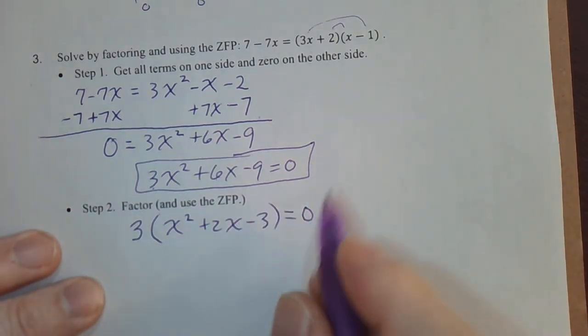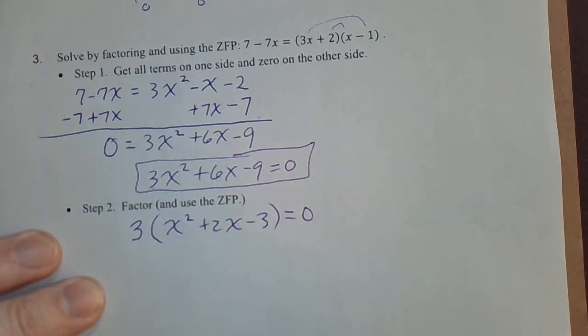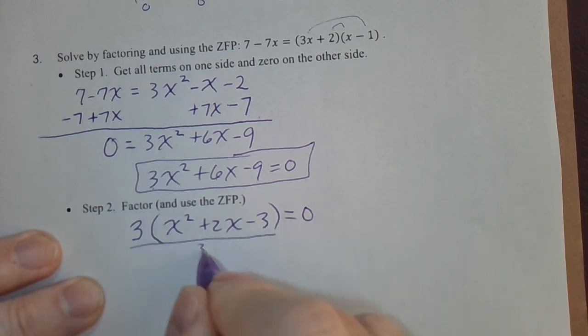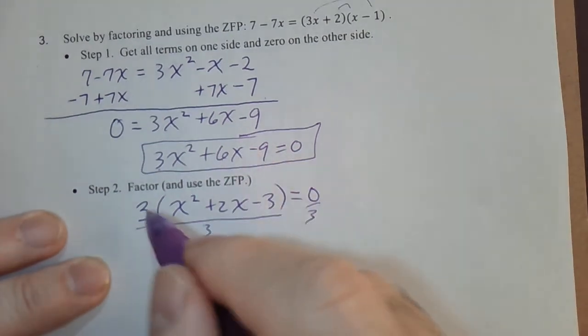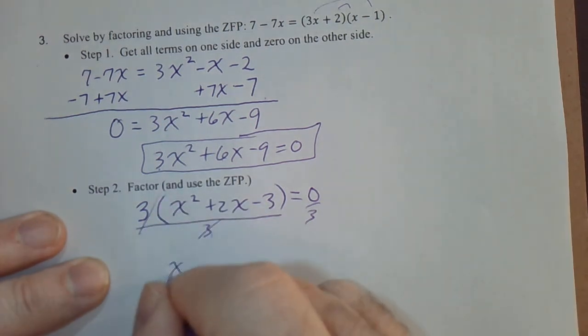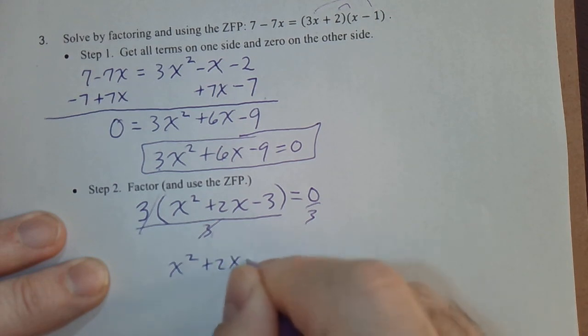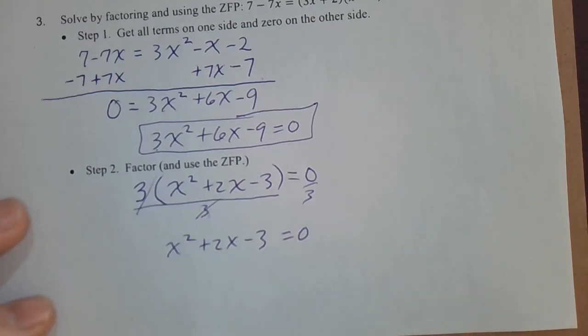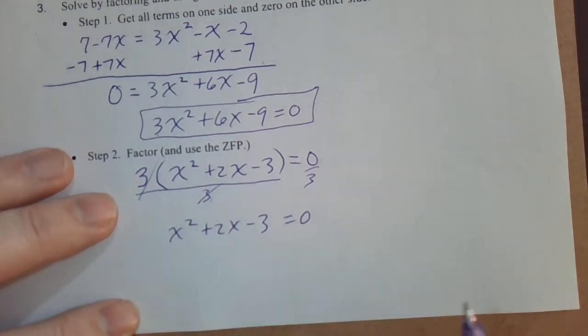And if you divide both sides by 0, sorry, that can't be done. Divide both sides by 3, we'll get rid of this 3 right here. So now we have x squared plus 2x minus 3 is equal to 0. We'll factor and use the zero factor property.